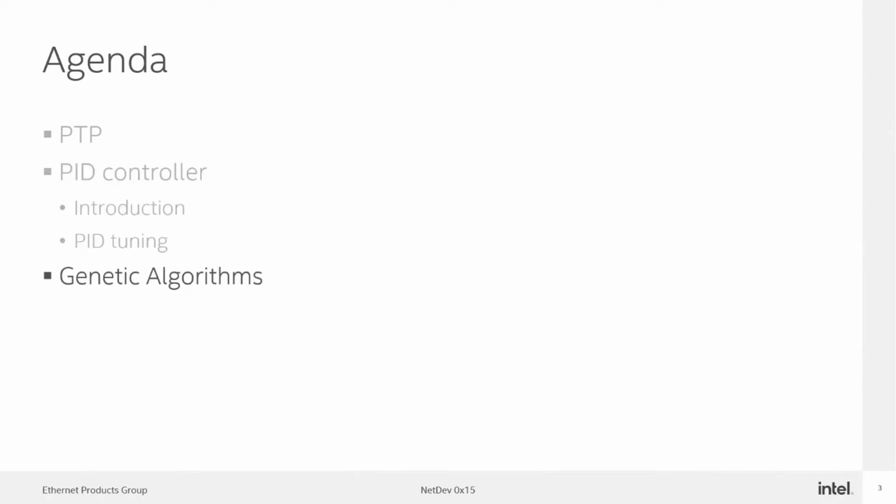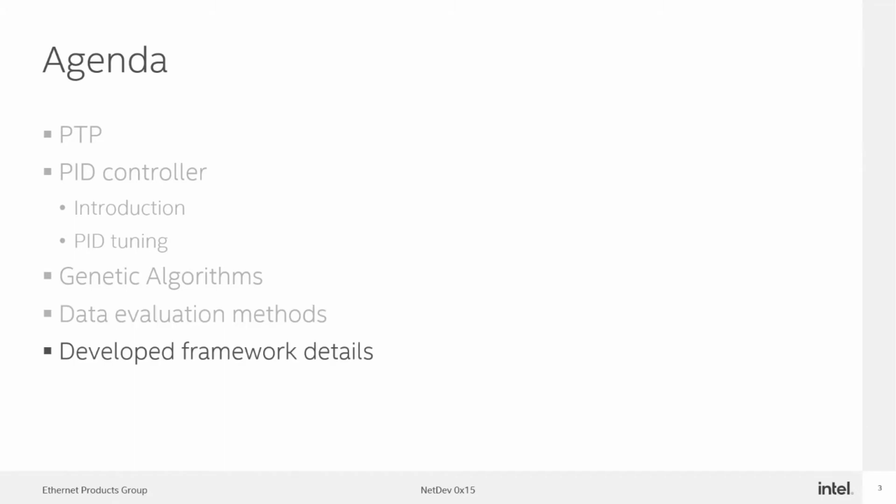Then we will introduce genetic algorithms, present the data evaluation methods that we chose to use for scoring the results of each of the runs. And then we will move on to the practical side of the POC, starting with the framework that we developed to gather the data and process it, present the results, and finally talk about the future work and brief summary.